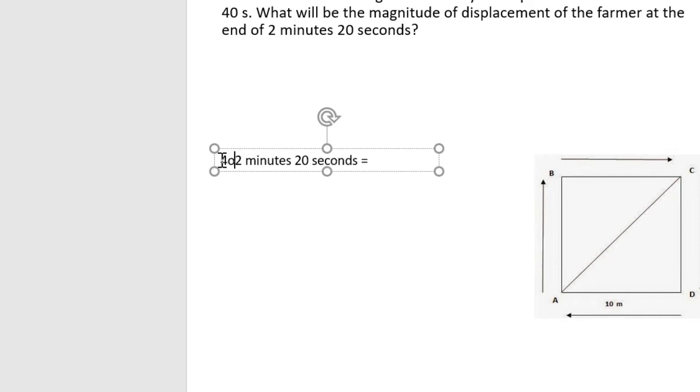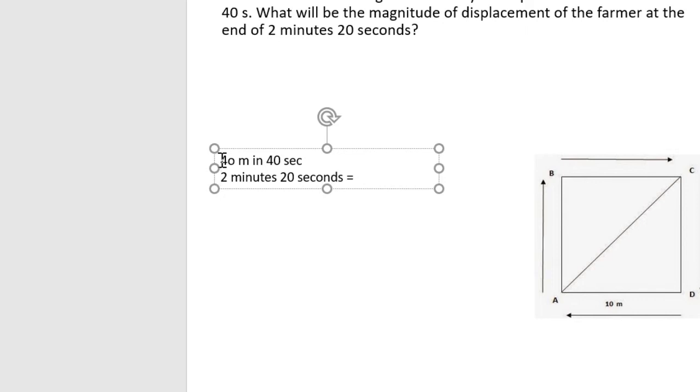He's traveling 40 meters along the boundary of a square field in 40 seconds, right? So the complete boundary, 10 into 4 is 40, in 40 seconds.